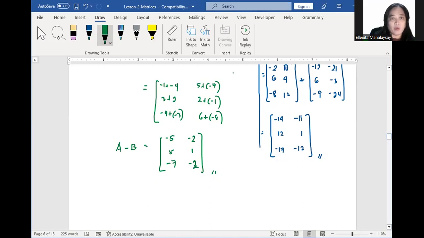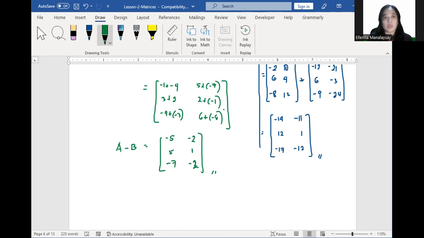Then we can say that two matrices are equal if their corresponding entries are equal. That is, they are of the same size, with the same number of rows and the same number of columns, and their corresponding entries are equal.